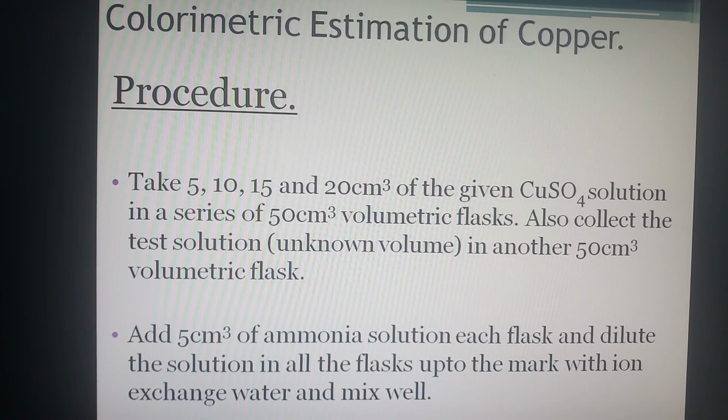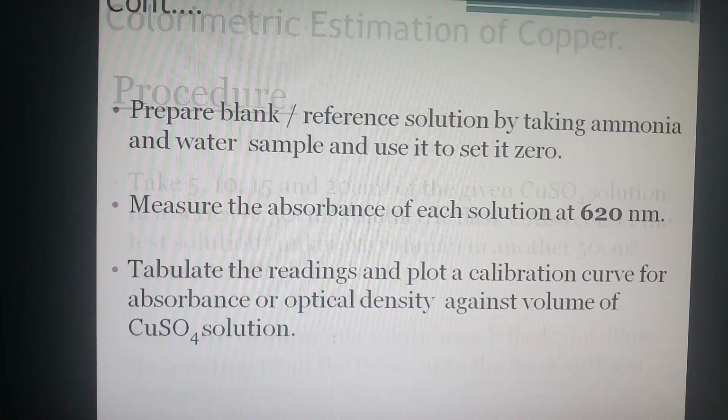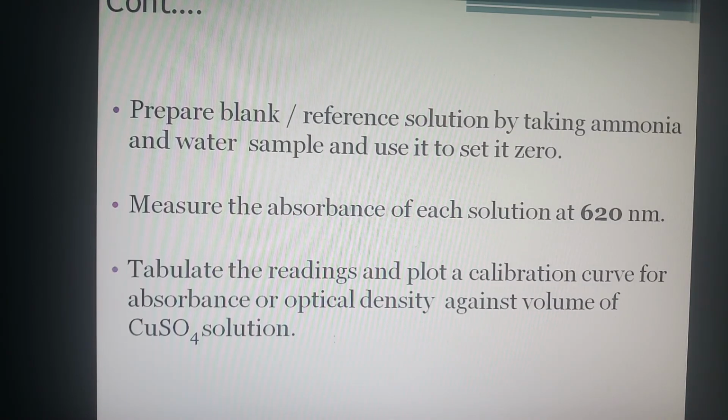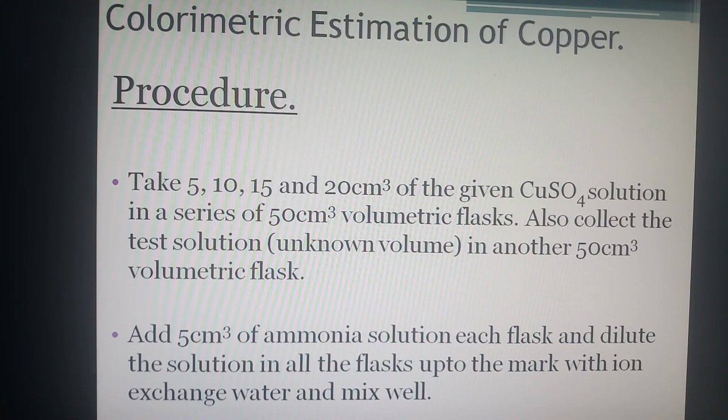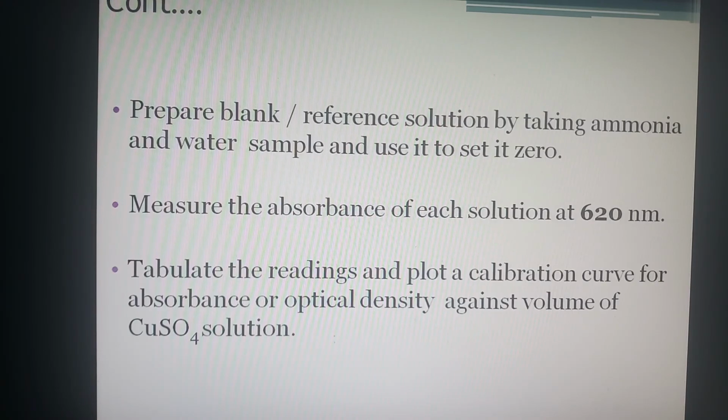Now the colorimetric estimation of copper. This is a basic example of colorimetry, where copper is estimated by means of the colorimetric tool. The procedure: take different volumes, for example 5, 10, 15, 20, 25 cc of copper sulfate solution in 5 to 6 different 50 cc volumetric flasks, add 5 cc of ammonia to all the flasks and dilute up to the mark using ion exchange water.